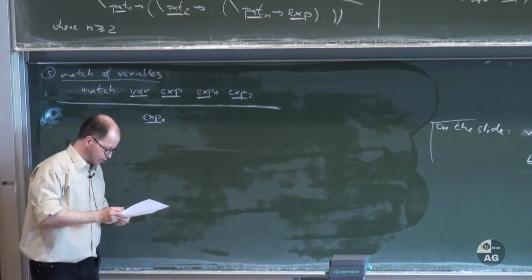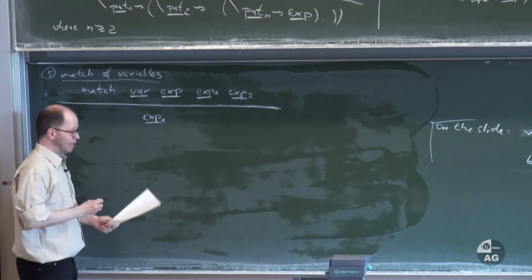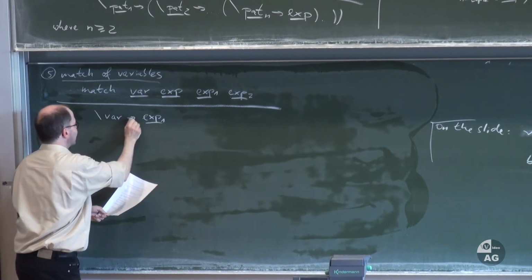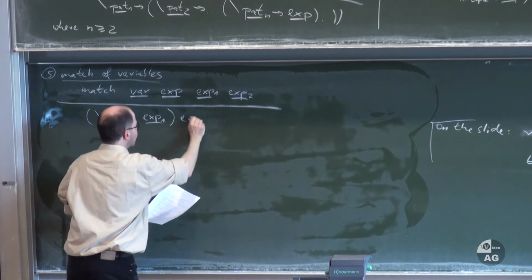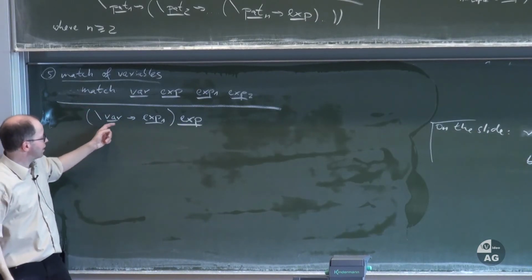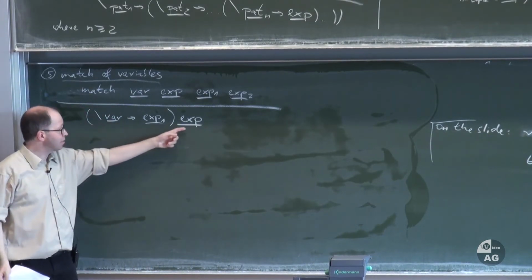And now to express this, I can use a lambda expression. So I can just write this. And what does this mean? This is the function that maps var to exp1. And it's applied to exp.